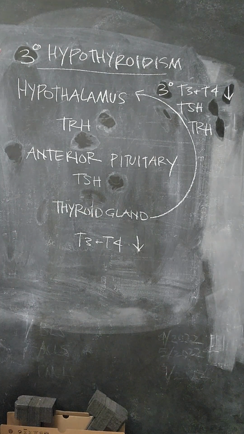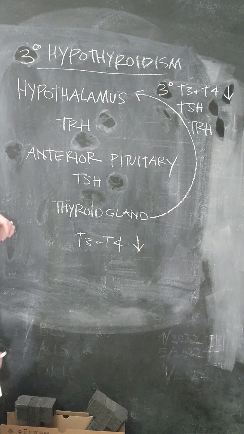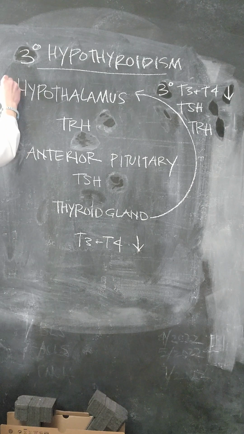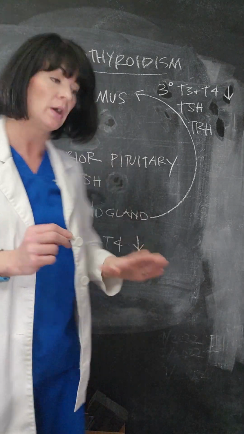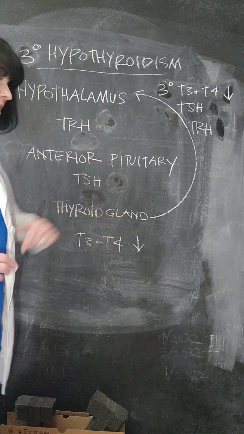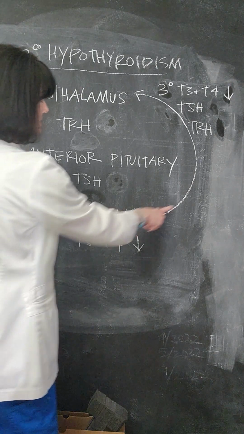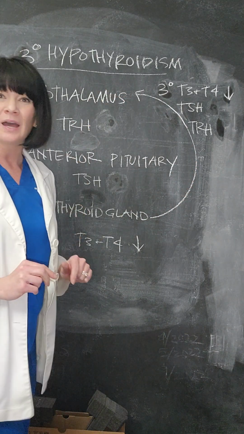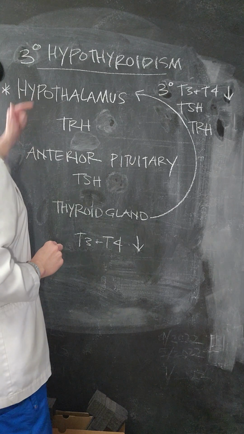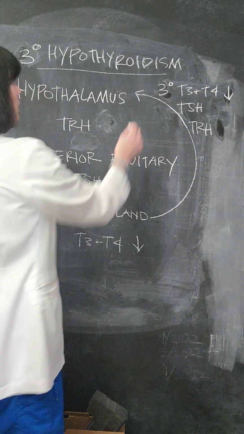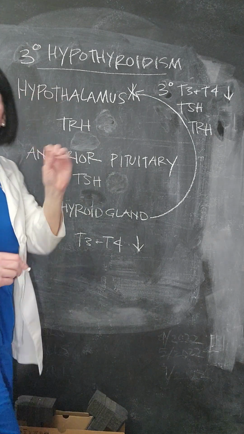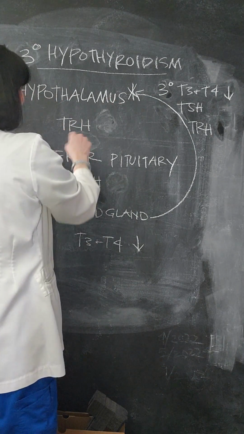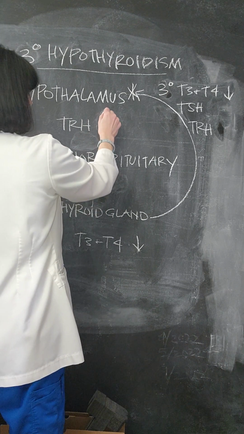Then we get to our tertiary hypothyroidism. In this case, the problem is actually in the hypothalamus. Again, we're talking about hypothyroidism, so no matter what, T3 and T4 are going to be decreased. Again, the negative feedback system kicks back up to the hypothalamus and says, hey, produce more thyroid releasing hormone. Unfortunately, the problem is in the hypothalamus itself, so it does not increase the amount of thyroid releasing hormone.